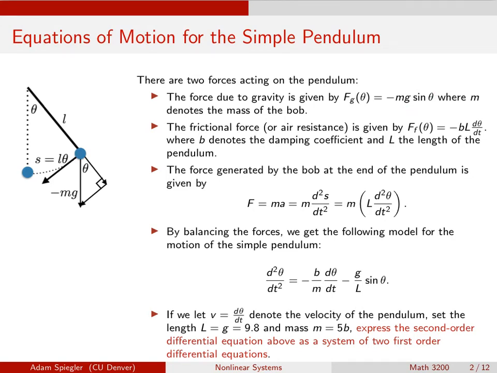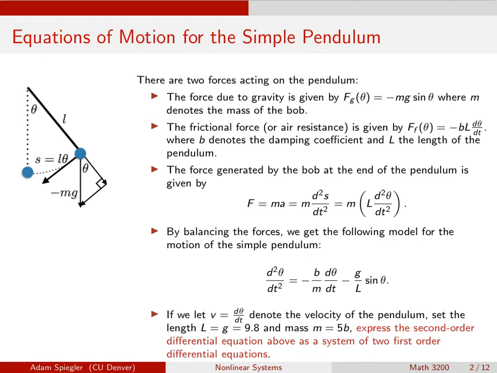And to make things a little bit simpler, we can divide everything by m over L. And you guys will be able to verify that we could rewrite the equation of motion like this. So here our variable is theta, that's changing with time. b is the damping coefficient, m is the mass at the end of the pendulum, L is the length of the pendulum, and g is denoting the constant of gravity.